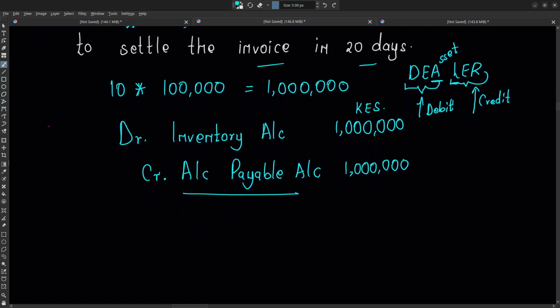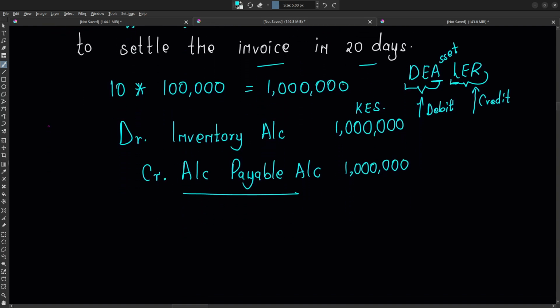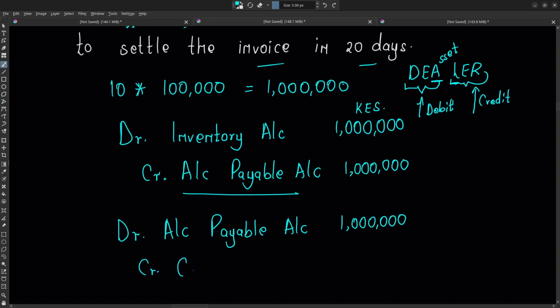Okay, so once we pay for this invoice, let's say on the 18th day, there is going to be a certain movement. We first need to reduce the account payable, because we no longer have a debt. We no longer have something to pay because we have paid. So we are going to reduce the account payable by debiting it, and then we are going to credit what?